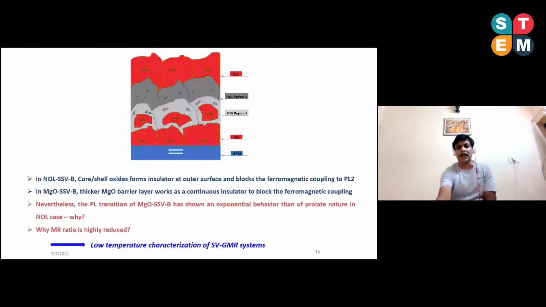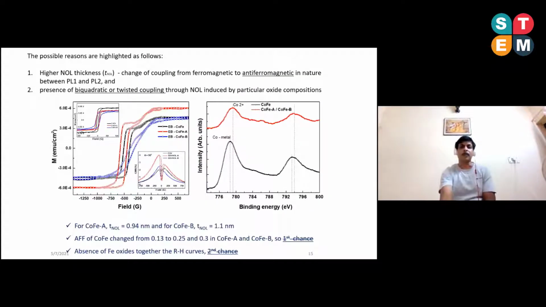So the thickness slightly increases, which corresponds to the change in the antiferromagnetic coupling from 0.13 to 0.25%. Also, it is observed there is no iron oxide when we did the X-ray analysis of the system. So this antiferromagnetic nature has originated from the cobalt oxide or the cobalt 2 plus.